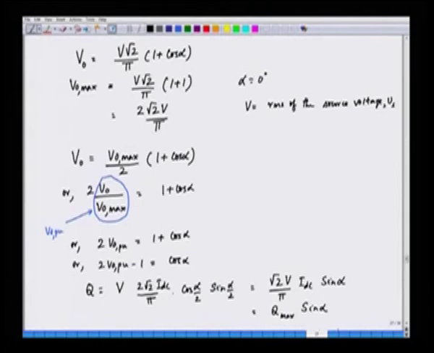And then what about our equation? We can write down this equation in the following fashion, Q by Q maximum is equal to sine alpha, or we can say Q per unit is equal to sine alpha.